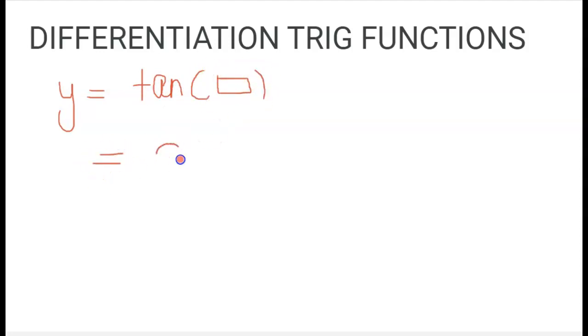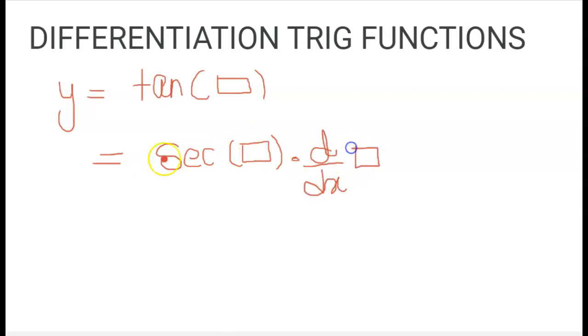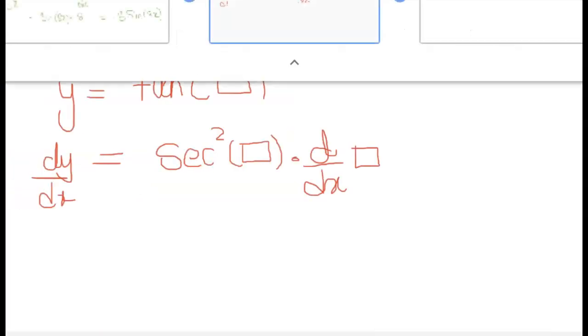Differential is secant of a box multiplied by d over dx of a box. Yes, with a c. Sec square. Okay, so this is not sec, it's sec square of a box. Now let me do one example and then I'll explain what sec and the other things mean.